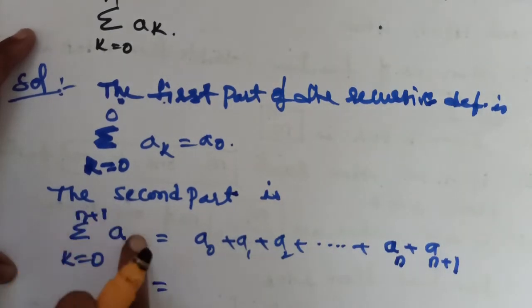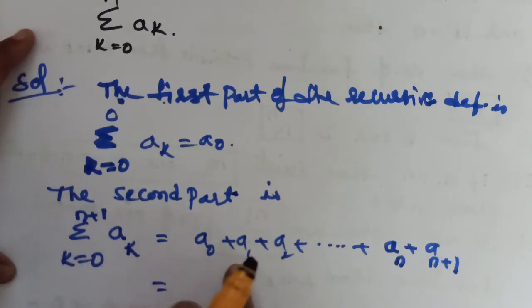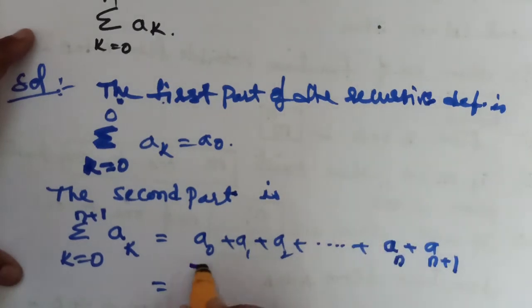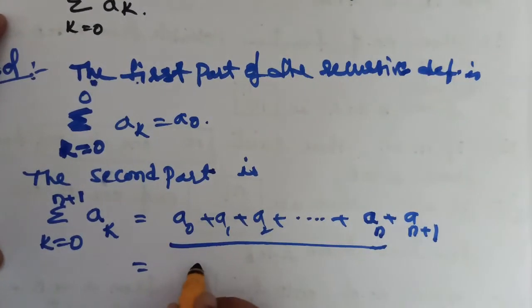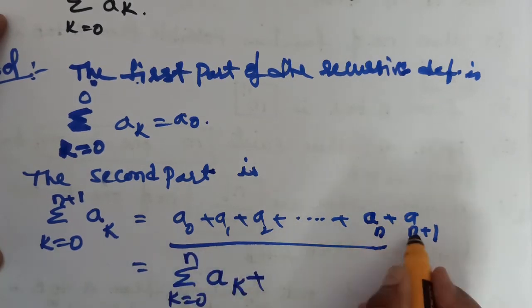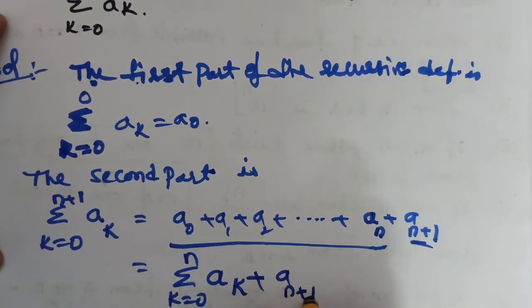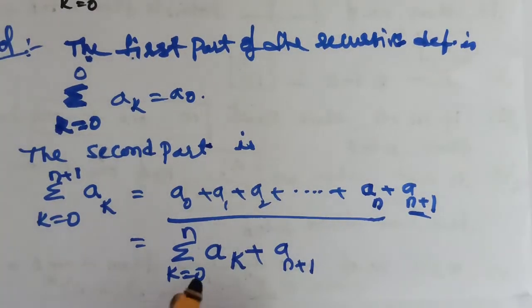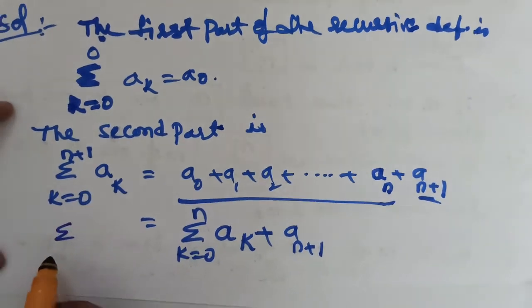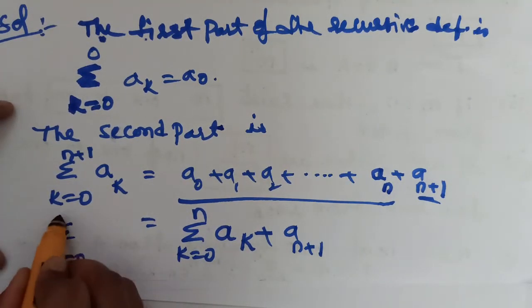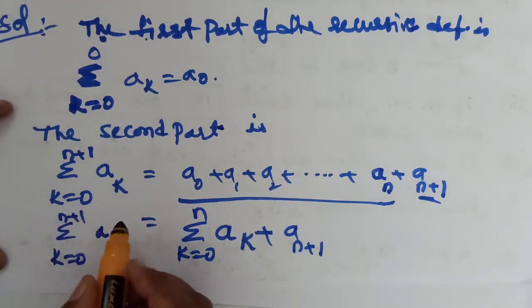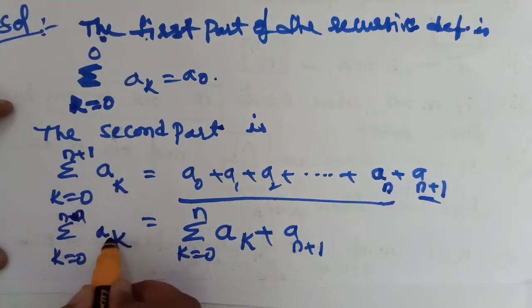So this you can write as summation k equal to 0 to n of ak plus a n plus 1. So this is about the recursive definition of summation k equal to 0 to n of ak.